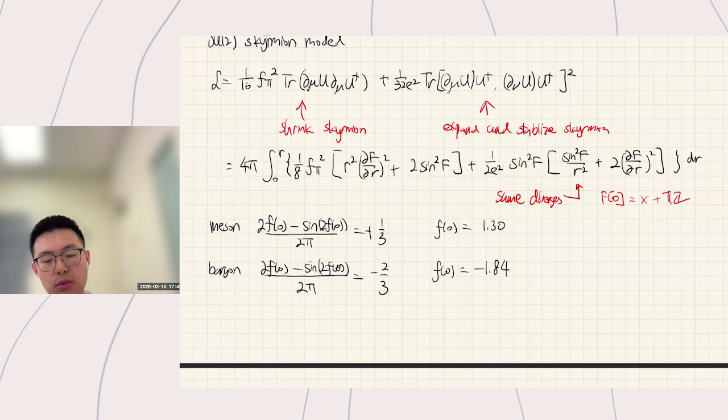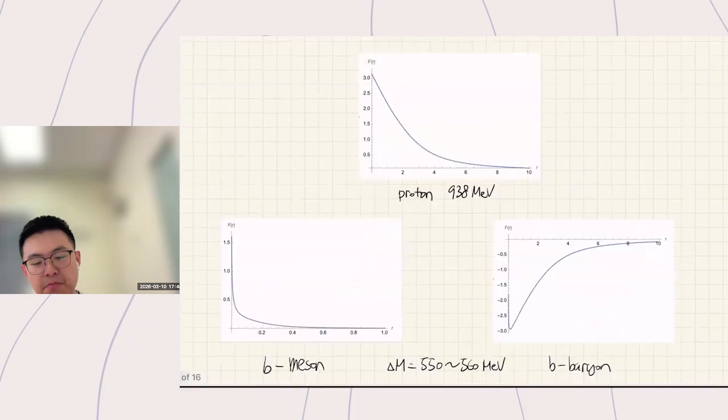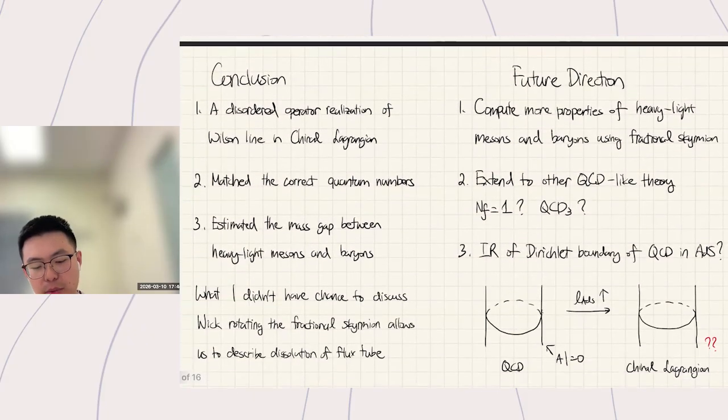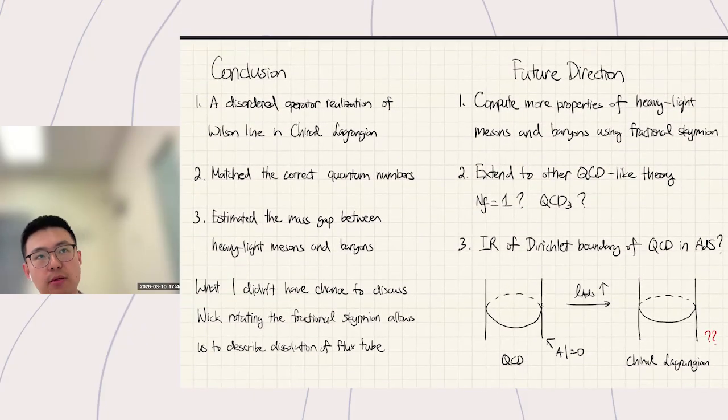Then we just see how this pion, this nonlinear sigma model field, evolves. I think something one can potentially compute is the interaction between mesons and the confining strings.